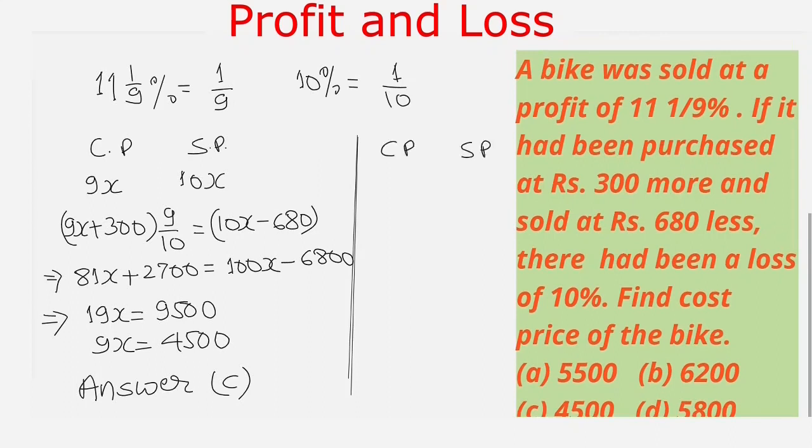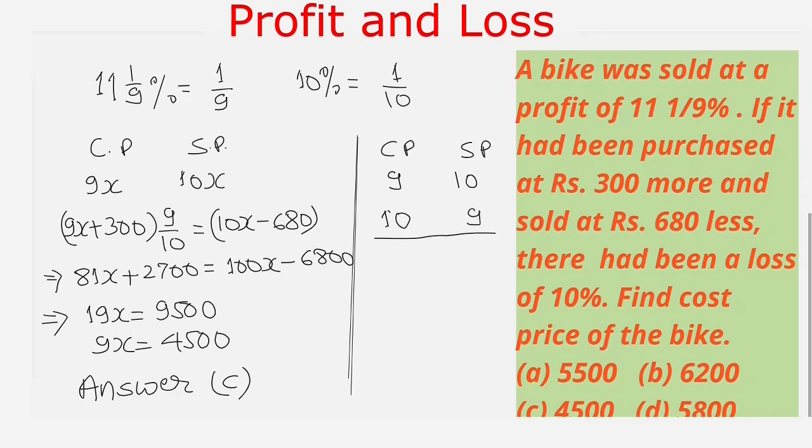If cost price is 9 units, then selling price is 10 units, as there is a profit of 1/9, as 11 whole and 1/9% is 1/9. So if cost price is 9, then there is a profit of 1, then selling price comes out to be 10. And later, when the cost price is 10 and there is a loss of 10%, then there is a loss of 1 on 10, so selling price comes out to be 9.